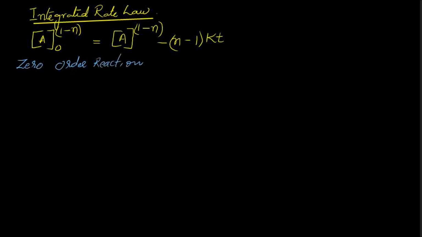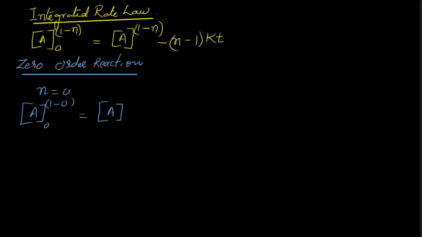So for a zero order reaction, the n value equals 0. The n value is substituted in the above equation. We get A naught to the power 1 minus 0 equals A to the power 1 minus 0, minus 0 minus 1, kt.